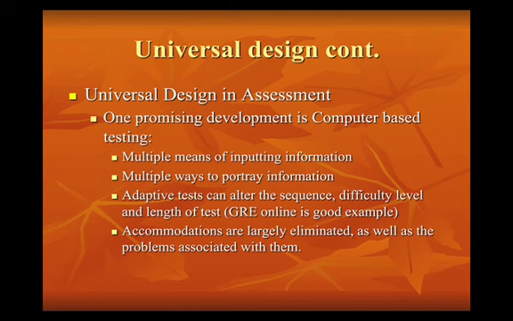The NWEA is an interesting case where we can have two students, both of them in the 5th grade, one of them 2 grades above grade level and the other two grades below grade level, and they both can sit down and take that test, and the computer will automatically adjust the difficulty of the items to match that student's skill level so that they can both take a valid test.